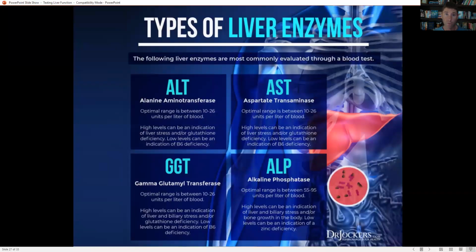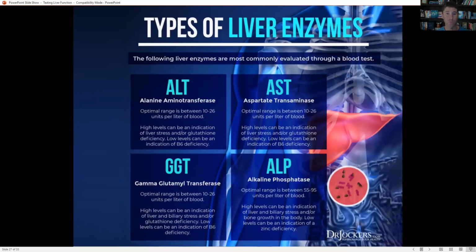So let's now talk about some of our liver enzymes. We went through all those phase 2 pathways. On a lab test, you're going to look at some liver enzymes, right? So ALT, alanine aminotransferase, and I like to see these levels between 10 and 26. Now, some functional practitioners want to see them under 21.